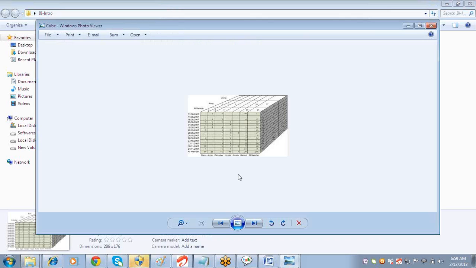For example, you ask me what is the difference in sales in 2001 and 2002 in a particular month for a particular customer during a particular season. The data is readily available from the cube. You simply drag and drop, you get the data there. You don't have to write a big query.